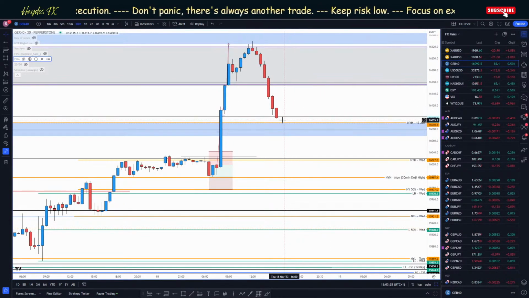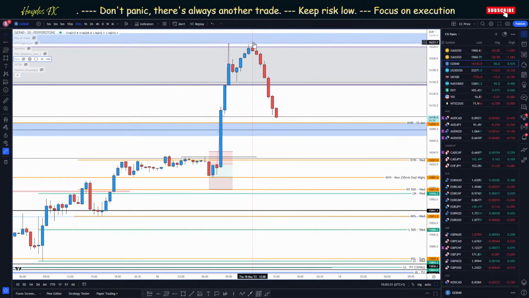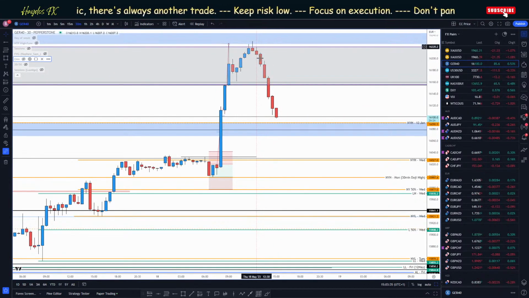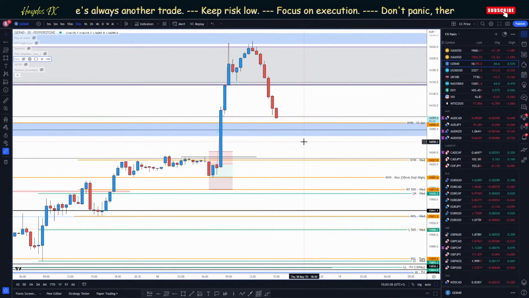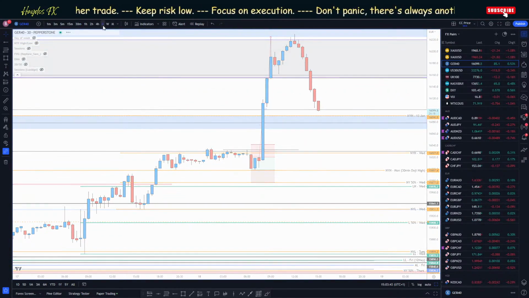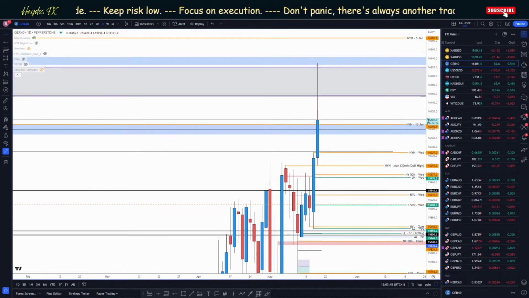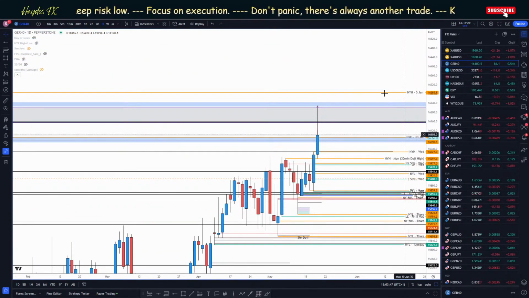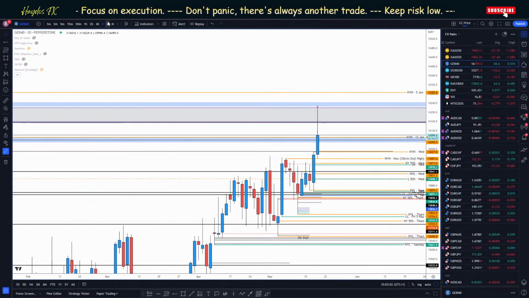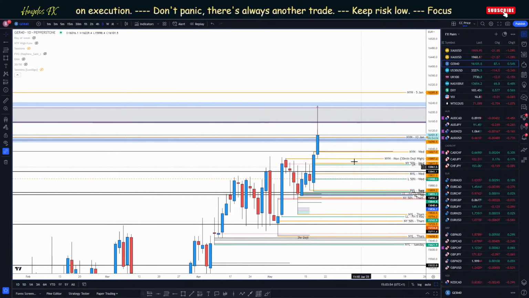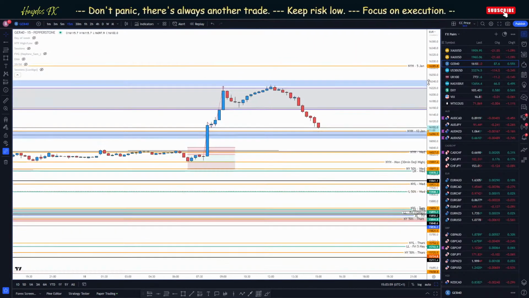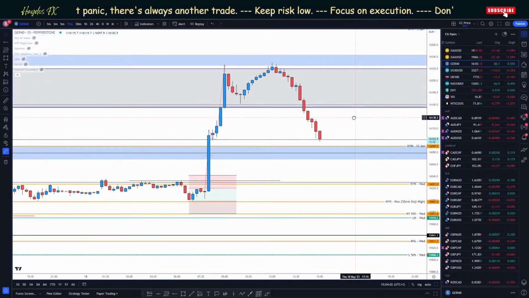German now dropping under 16,100. So it's had over a 130 pip drop now. Imagine if this just corrects this whole move and flips bearish. That'll be just crazy. What a day.